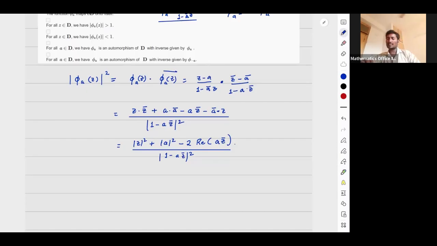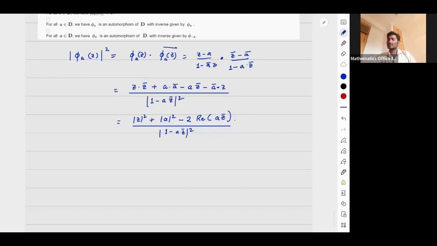I think this is not the way we should see.